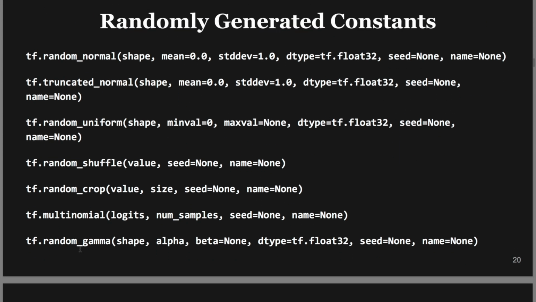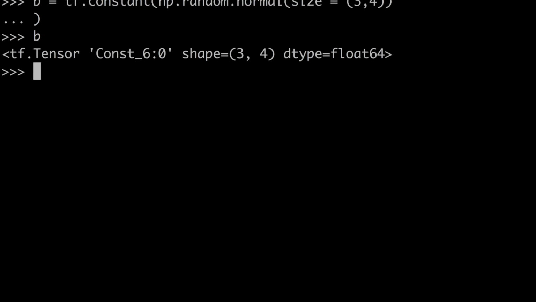tf.multinomial. This one is interesting, where you provide logits, and when you're sampling, you will be sampling from them. Let's go through an example to understand tf.multinomial a little bit better. So let's suppose we define a tensor which is np.random.normal with size equal to 3 by 4.